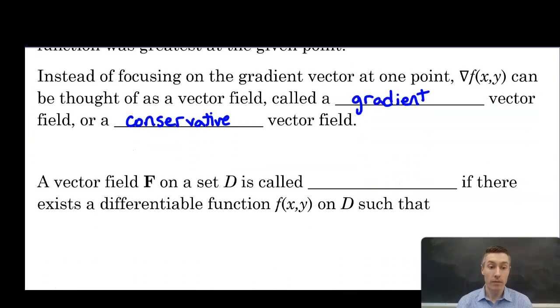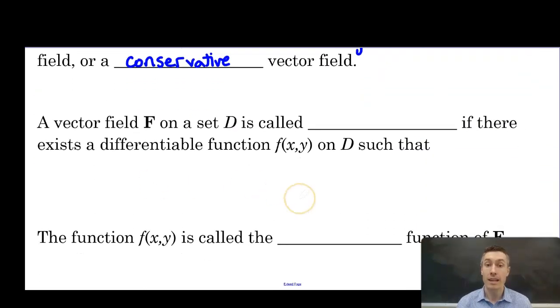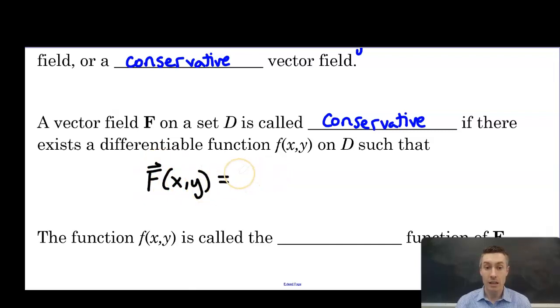More formally, a vector field F on a set D is called conservative if there exists a differentiable function f of x, y on D such that the following fact is true. And that fact is that the vector field F of x, y is equal to the gradient of some scalar function f of x, y.